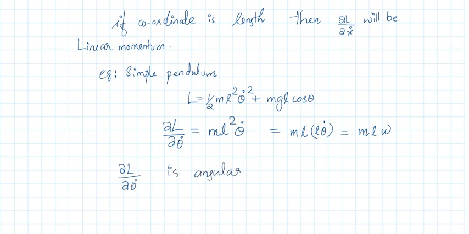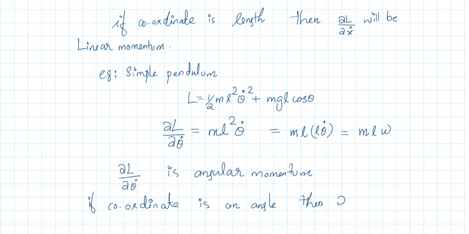So ∂L/∂θ̇ is angular momentum, not linear momentum. So if the coordinate is an angle, and I denote that coordinate as q, then ∂L/∂q̇ will be angular momentum.